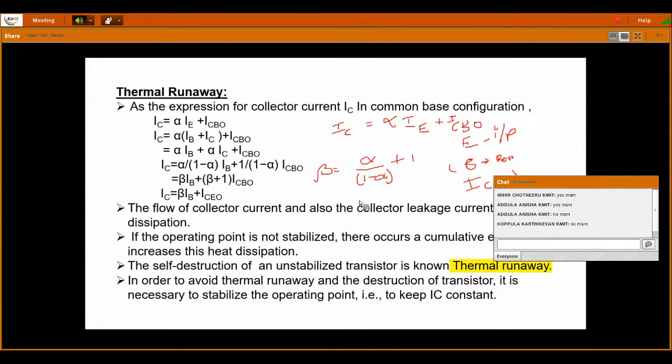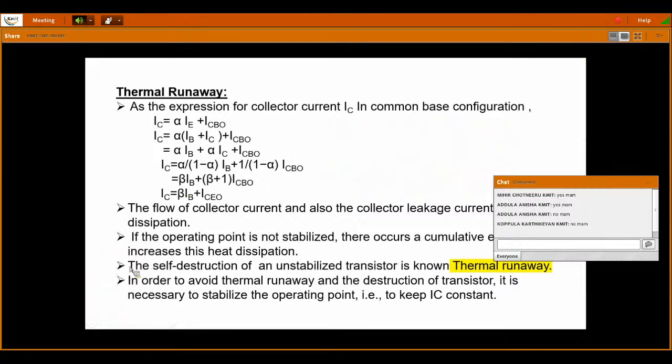If I add 1 to alpha by 1 minus alpha, then alpha plus 1 minus alpha, the alpha cancels, and we have 1 by 1 minus alpha, which is beta plus 1. Hence we replace 1 by 1 minus alpha with beta plus 1, and alpha by 1 minus alpha with beta.